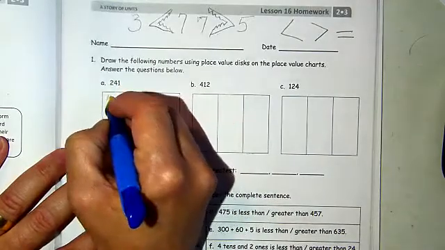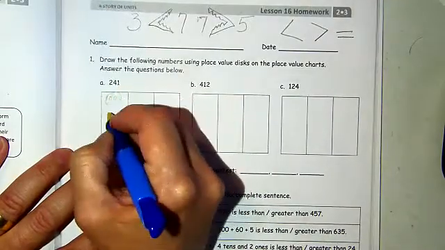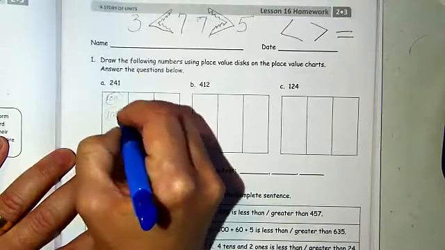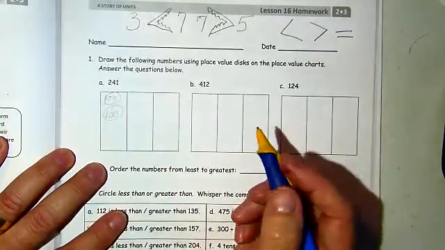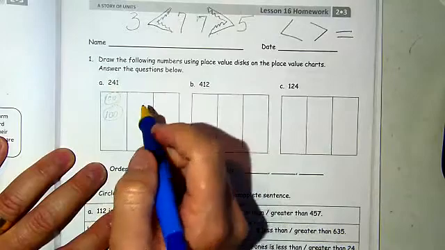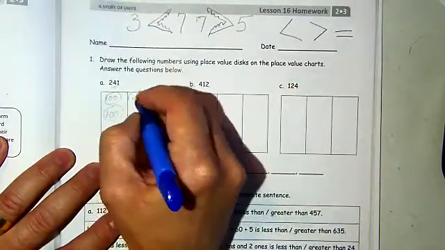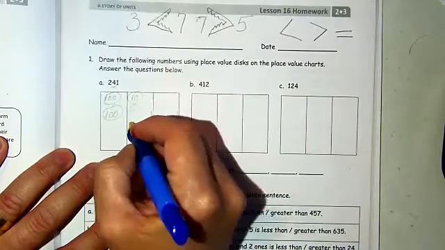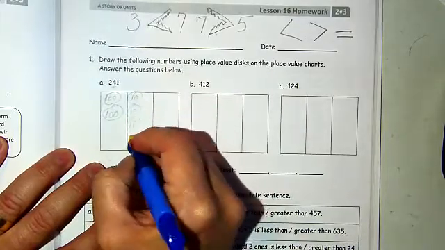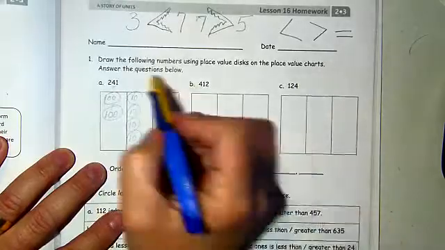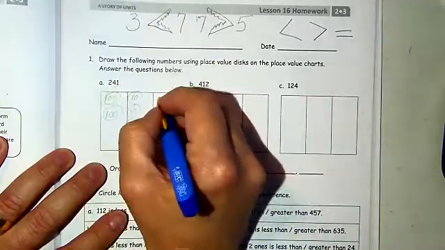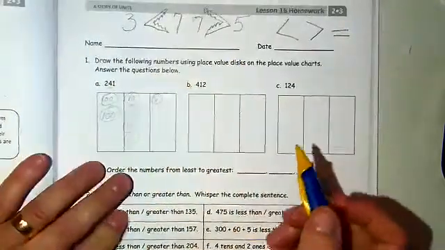This place is 100. Remember, write your number first. So much easier to put your circle. And then how many tens do we need? 4 of them. So 10, 10, 10, 10. And then in the ones place, just 1.